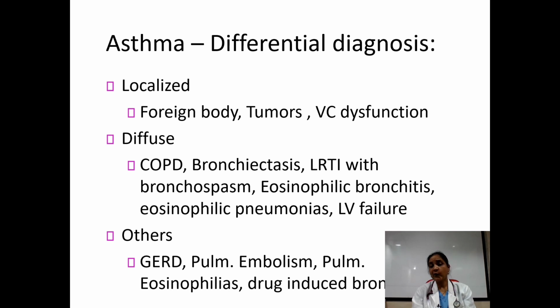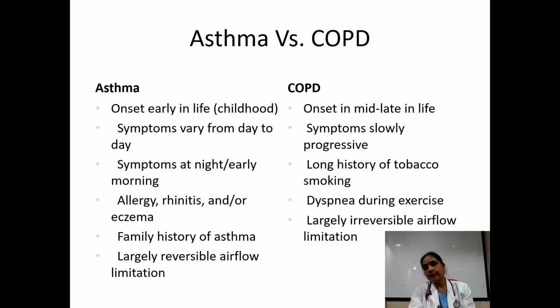Then there are some coexisting conditions which can aggravate asthma or present like asthma, like GERD, pulmonary embolism, pulmonary eosinophilia, or drug-induced bronchospasm. You should keep all this in mind, but if you take your clinical history properly and do the investigations which I have asked, it should not be difficult for you to differentiate asthma from the other diseases which I discussed.